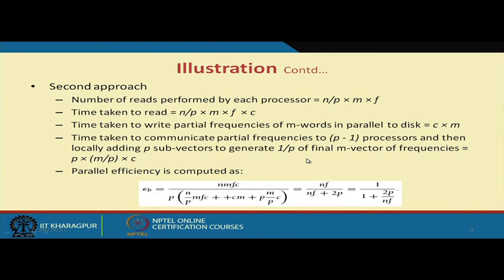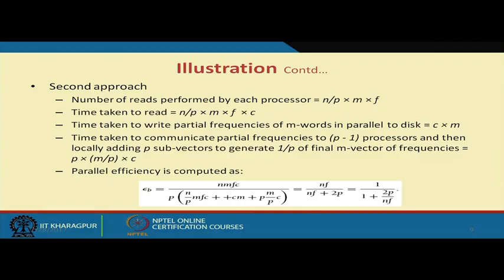scalable. Whereas, in the second approach, we divide the document set D, and every processor computes this for all the m words and then we aggregate. Apparently, this could look more costly, because there is an aggregation step.